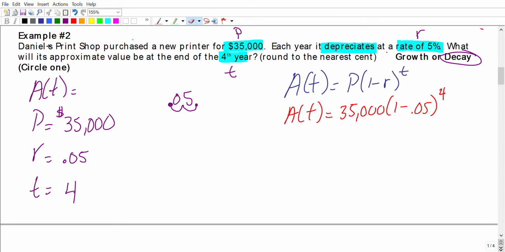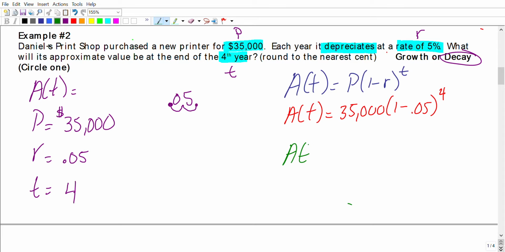I'm going to go ahead and do the same thing, and we will compare answers. So 35,000 times parentheses 1 minus 0.05 raised to the 4th. And again, consider we're talking about money here, guys, so you shouldn't need to round more than to the nearest hundredth. So let's go ahead and see what we get.